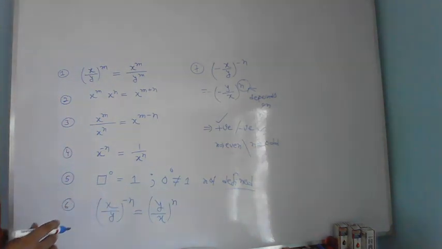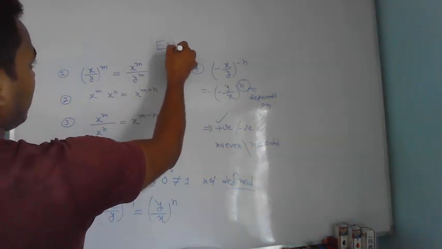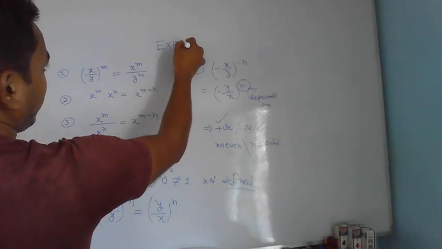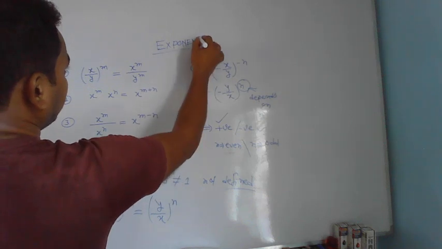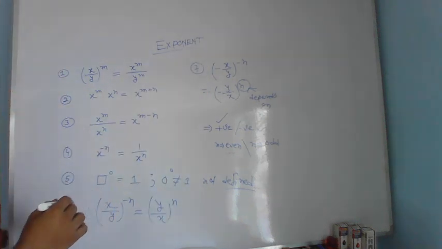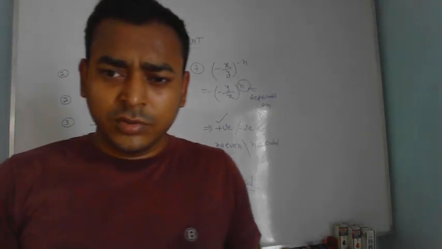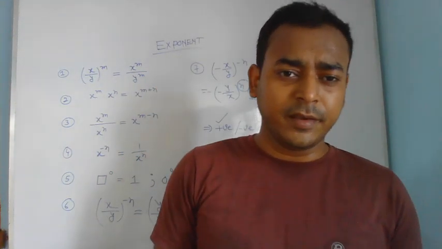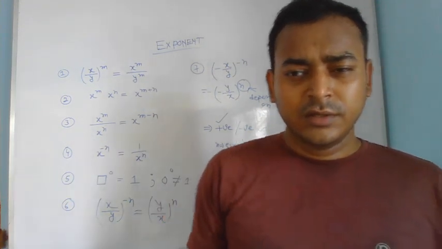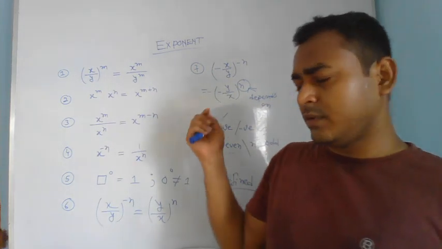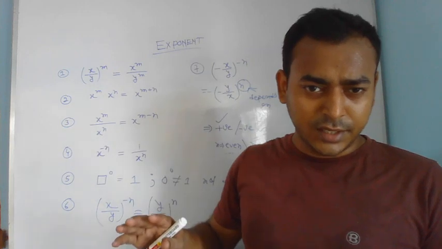So it's clear. Those are the summaries of the laws of exponents. These are the formulas, and if you have any problem understanding them, please concentrate on your study and try to understand.